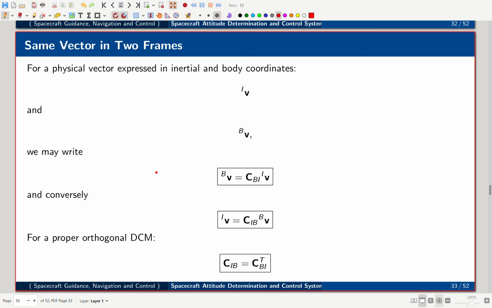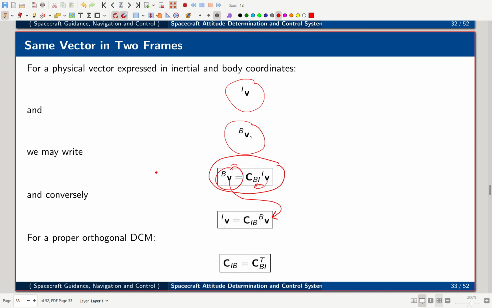Same vector in two frames. A physical vector can be expressed in inertial and body coordinates. You may write it like that. You just convert with the direction cosine matrix and you get the body frame, and conversely you can similarly explain the other one.